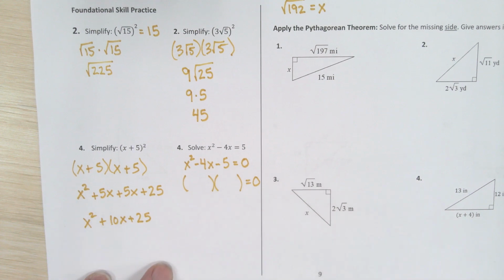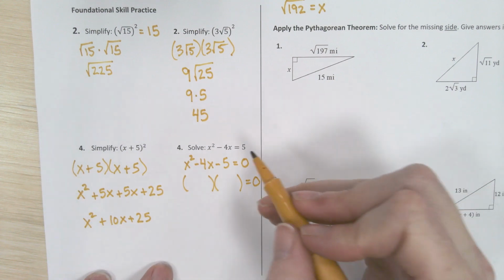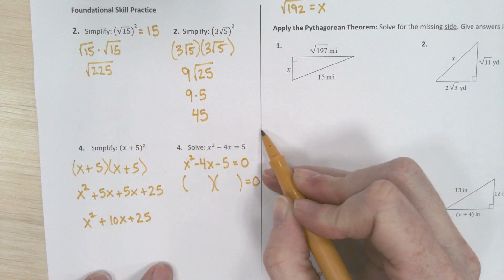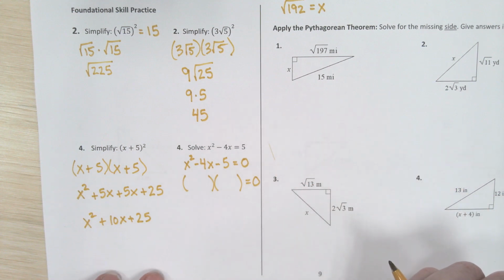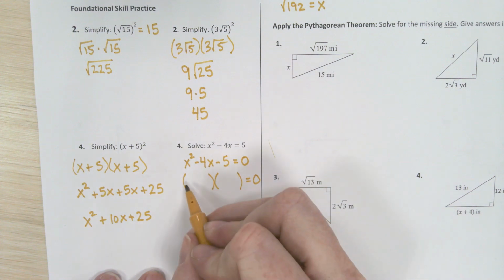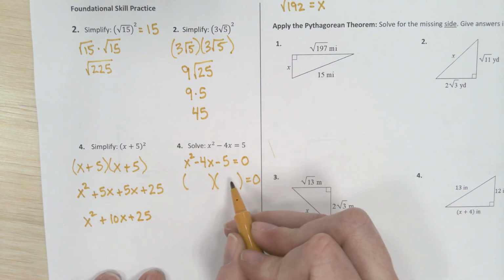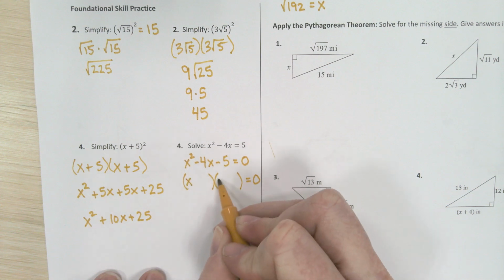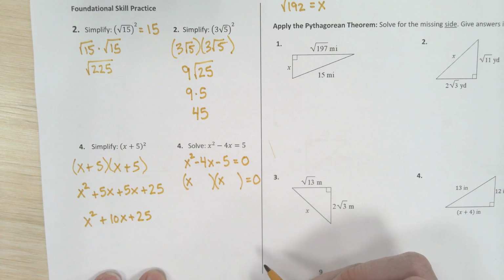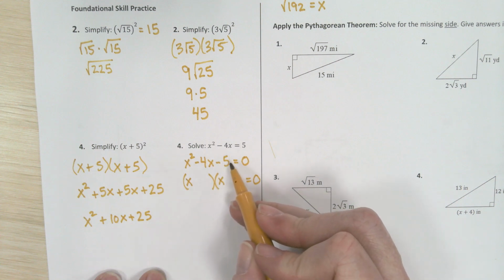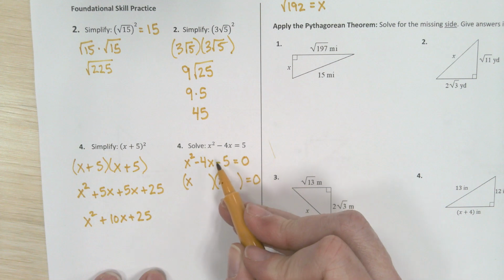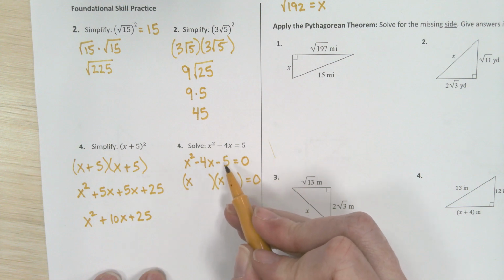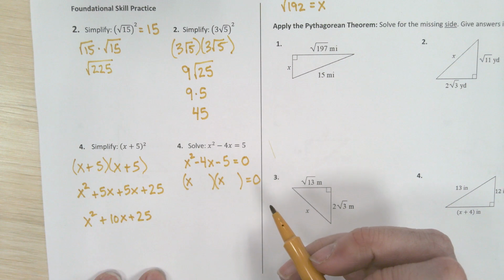And there are all kinds of different methods for factoring. Some of you use the box method, some of you use an X, some of you just kind of do arithmetic and guess and check. Whatever your method of choice, you need to know how to separate this into 2 factors. They're both going to start with x because that's how we get x squared. And no matter what method you think about, you need to think about numbers that multiply to be -5 and add to be -4.